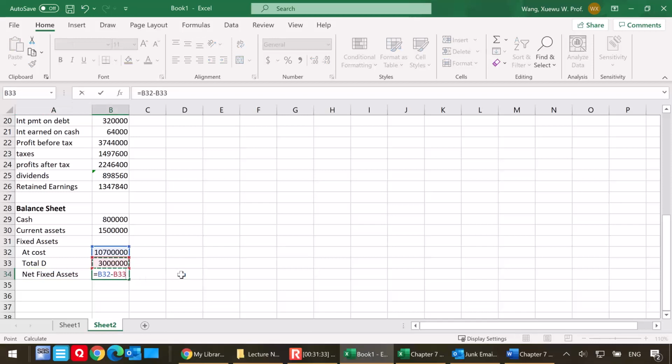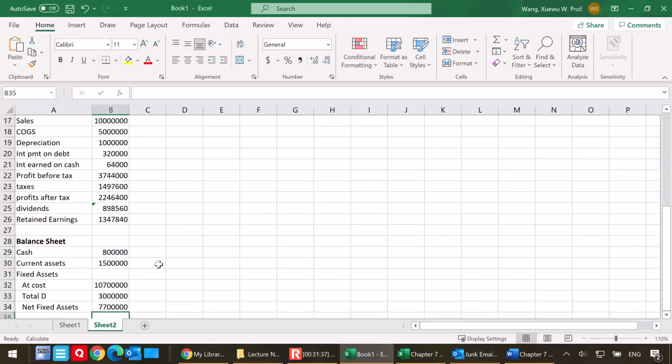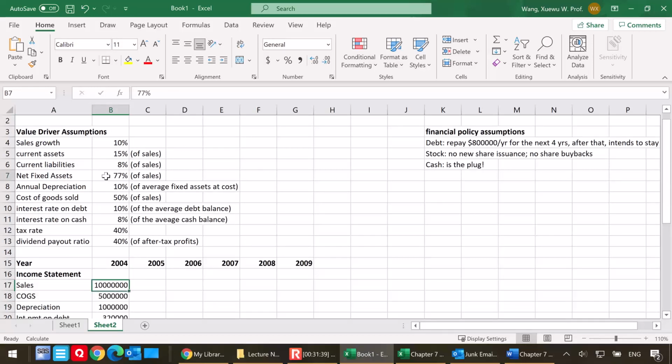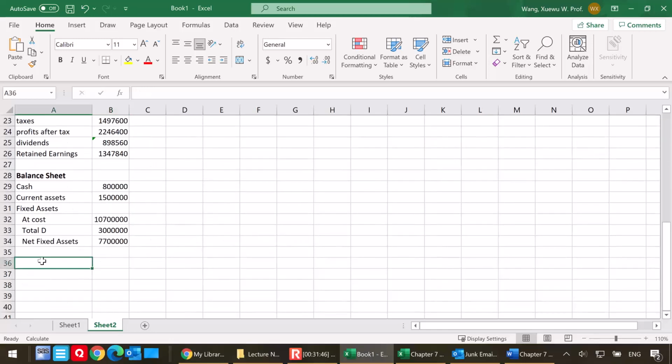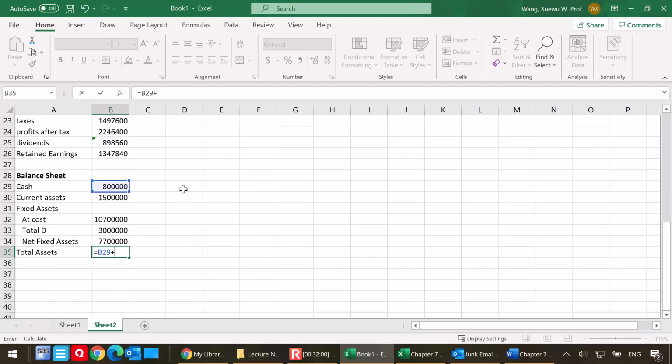All right, so that is actually $7.7 million, and maybe this can explain why earlier we assumed 77% of the sales being the net fixed assets. Okay, so that is the asset side, and we're going to collect them. So total assets is the summation of cash and current assets and net fixed assets. So that's 10 million.